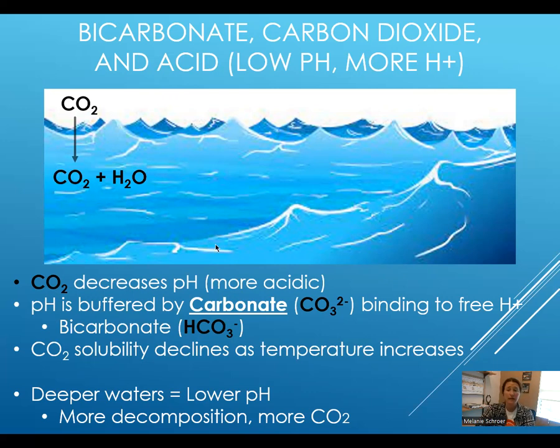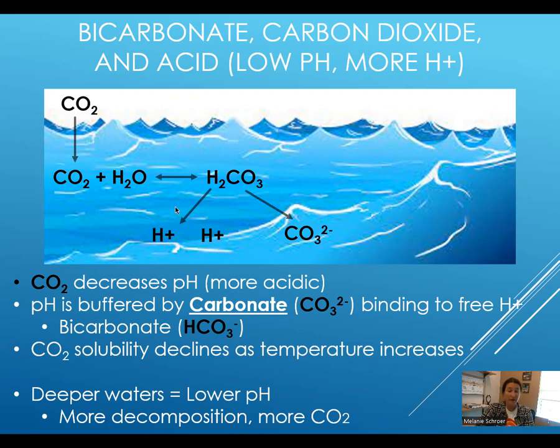When CO2 is within the water, it naturally forms carbonic acid. Right? Carbonic acid is a relatively unstable acid, and so it immediately breaks down into hydrogen ions, therefore low pH, acid, and carbonate. Okay, so generally, the more carbon dioxide there is dissolved in the water, the lower the pH is going to be.